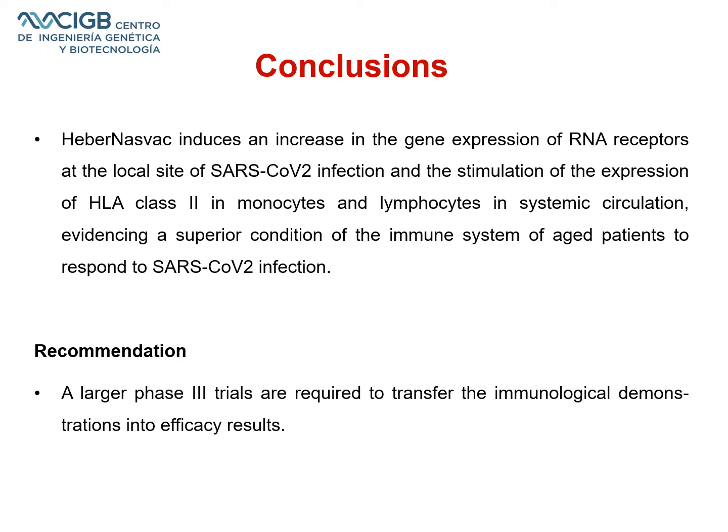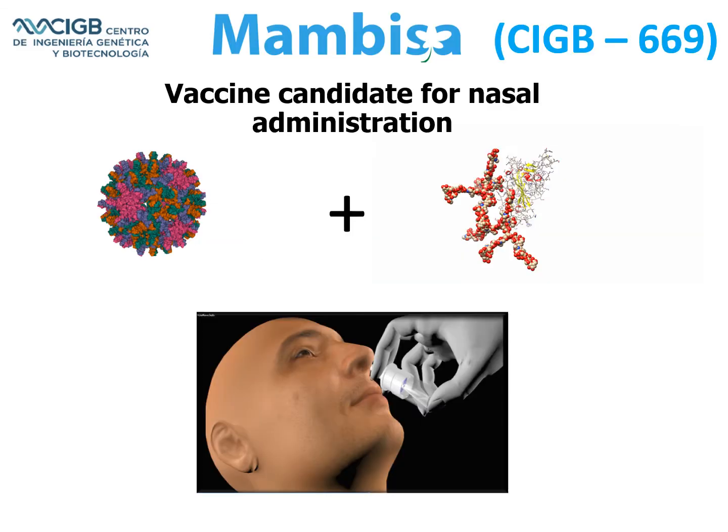So at this time we are conducting a large field trial in one municipality of Havana city with healthy people older than 60 years, but in this case we are following the infection with any kind of respiratory virus or acute respiratory disease in the population.